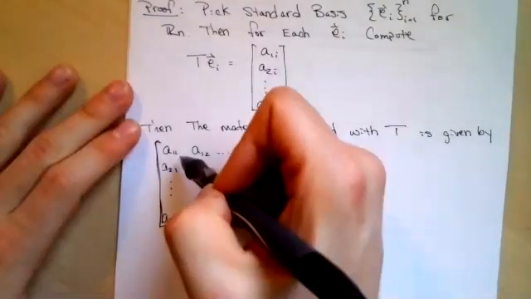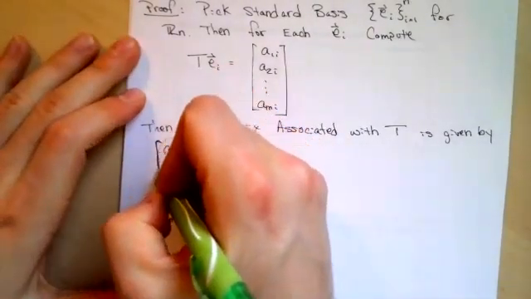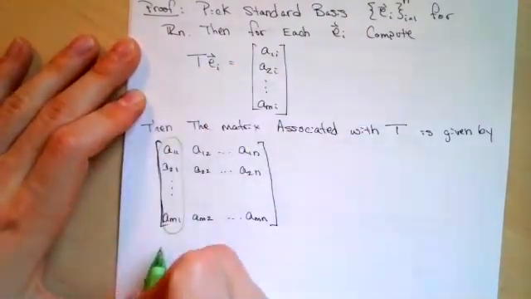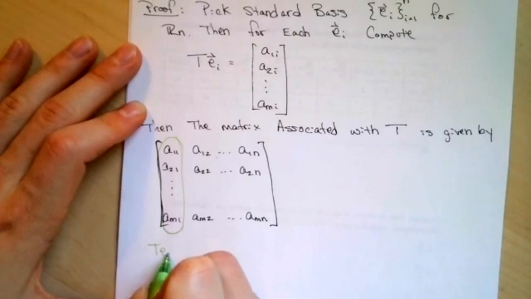In other words, this first row is T of e1.